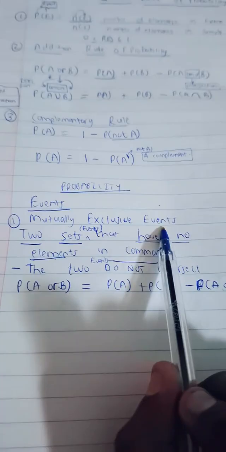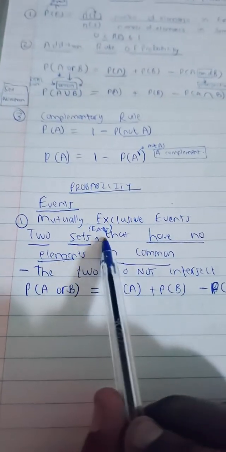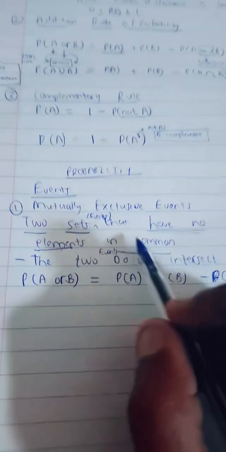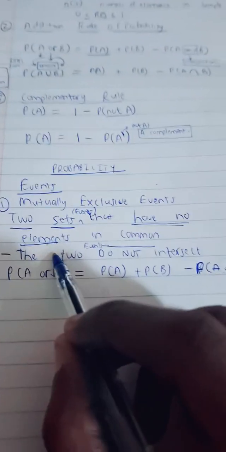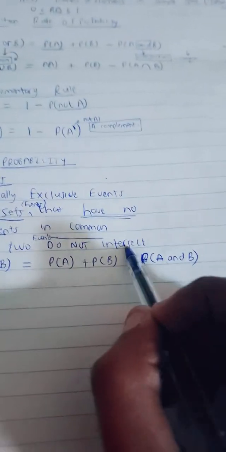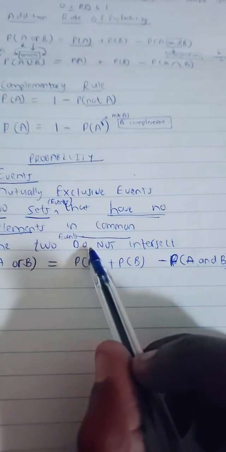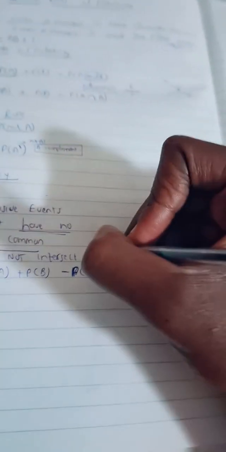That for mutually exclusive events, the two events have no elements in common. In other words, the two events do not intersect. So there is no intersection.